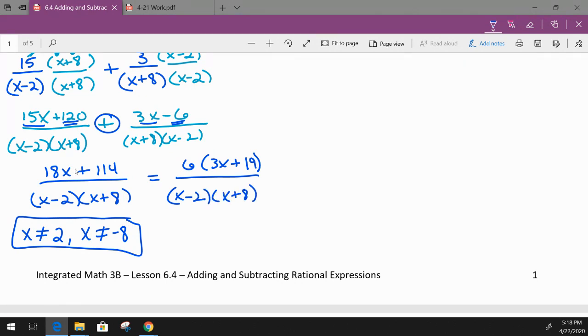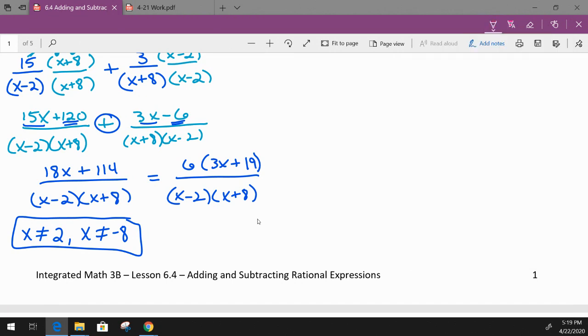However, will either one of these factors in the numerator reduce with either one of the factors in the denominator? Well, no, because they're not the same. A binomial factor has to be exactly the same as another binomial factor in order to be reduced. So you do not have to factor the numerator if you cannot reduce it with the denominator.